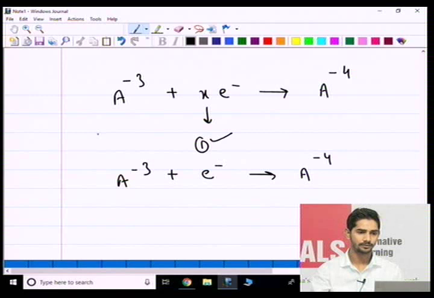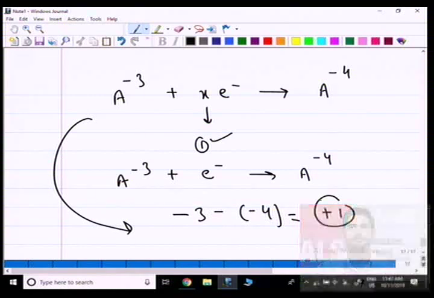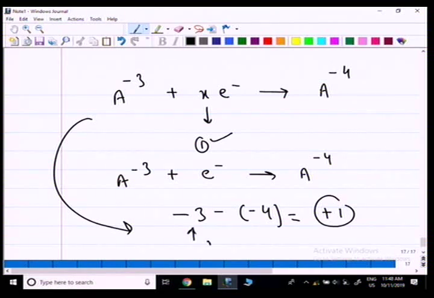Can I write this one in this manner? Minus 3 minus minus 4 is equal to plus 1. See, this is your N2, this is your N1. Now is it clear? Or you still need some more clarification?